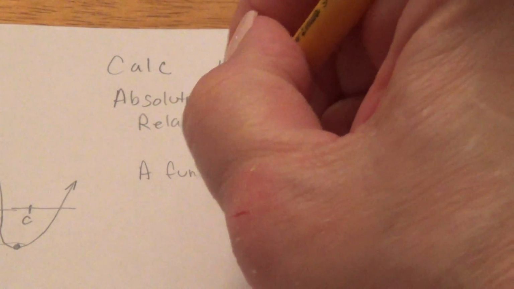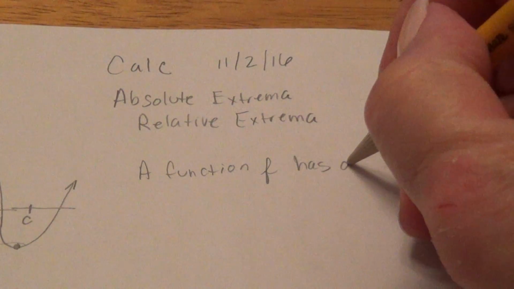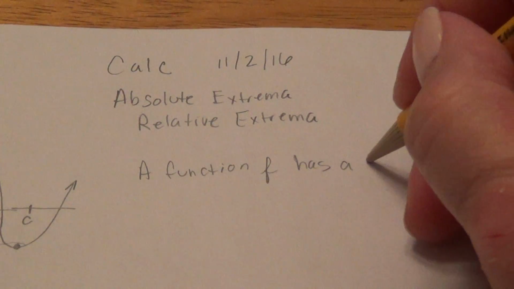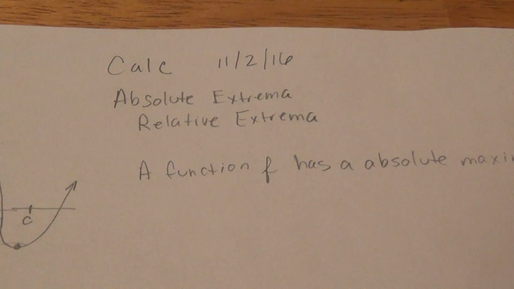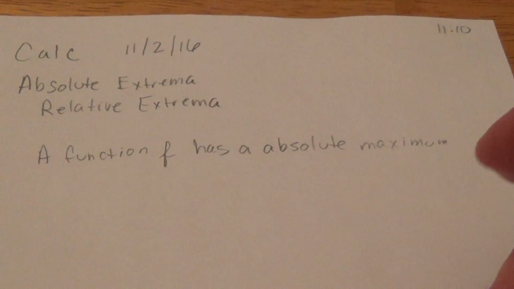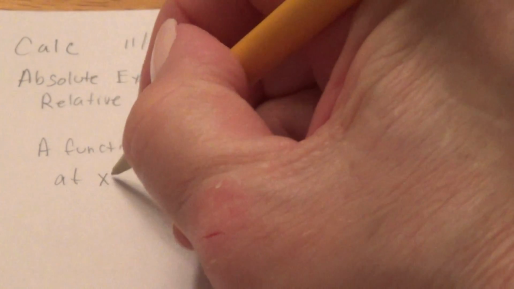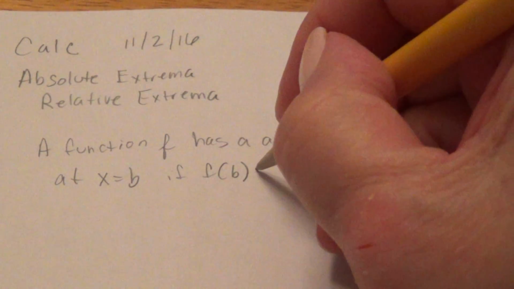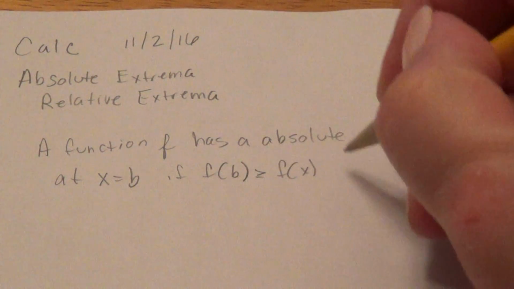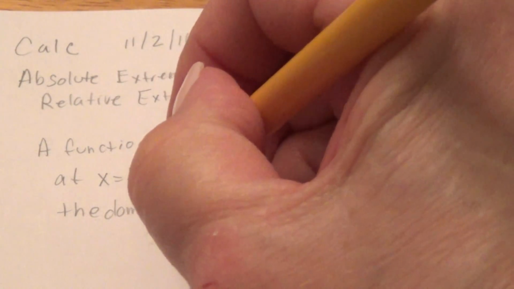A function f has an absolute maximum at x equals b if f of b is greater than or equal to f of x for all x in the domain of f.